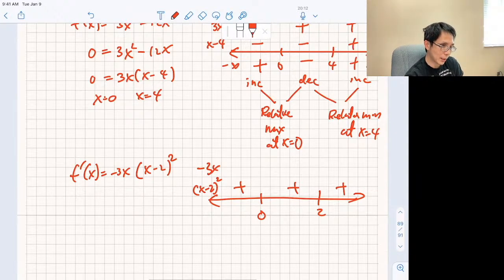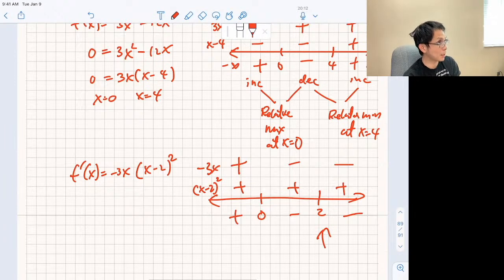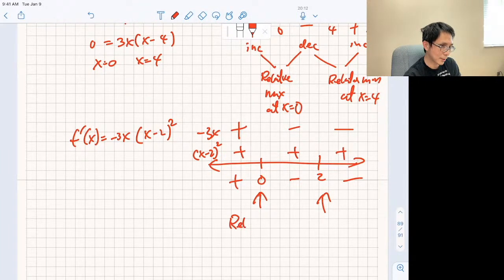If you plug in a negative, negative times negative becomes positive, and this will actually end up negative. So there's a positive, negative, negative. So at 2, it's not a minimum or maximum. At x equal to 0, it's a relative max.